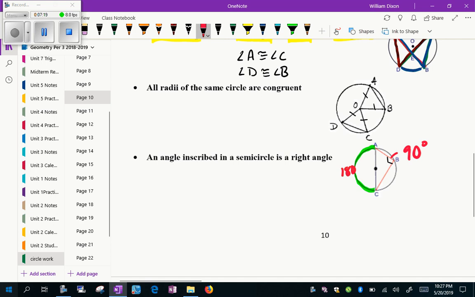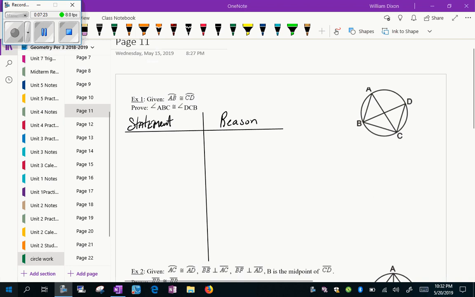All right, so let's start taking a look at a proof. Okay, so let's talk about example number 1. I have given that arc AB is congruent to arc CD, and I want to prove that angle ABC is congruent to angle DCB. Now, we should think, first of all, in our picture, we see two triangles, and we're trying to prove that two angles of those triangles are congruent.